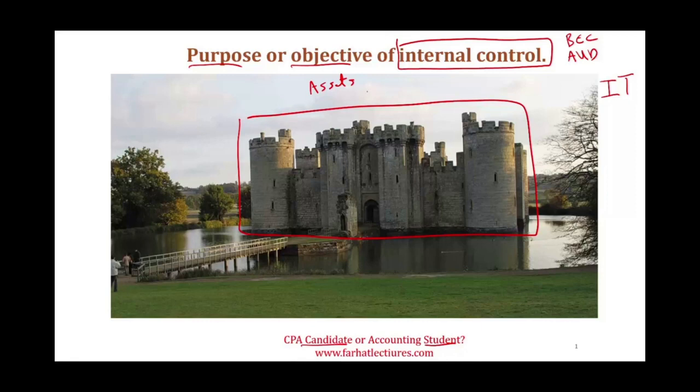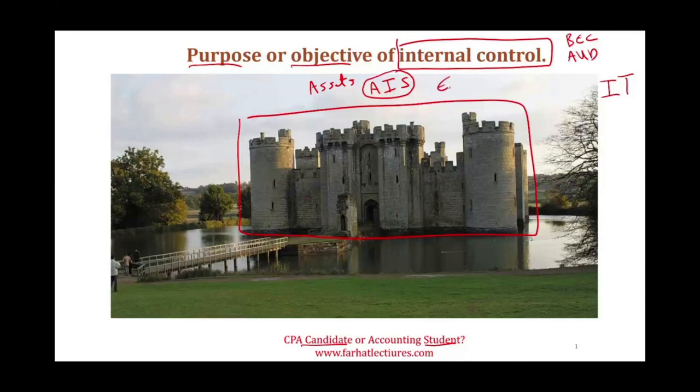Inside this fort sits something very important, and that's our accounting information system. That's the system that generates our financial statements, income statement, balance sheet, statement of cash flows, stockholders' equity. Also, this accounting information system generates internal reports that help us run the company.